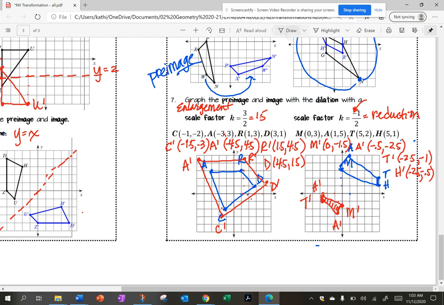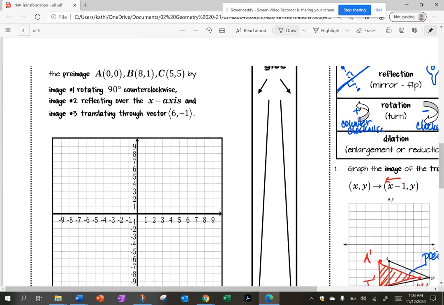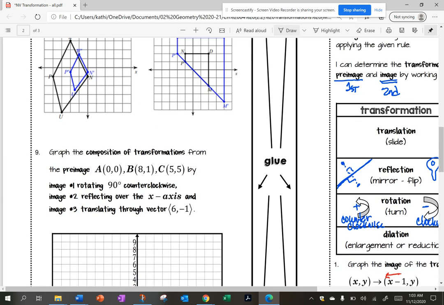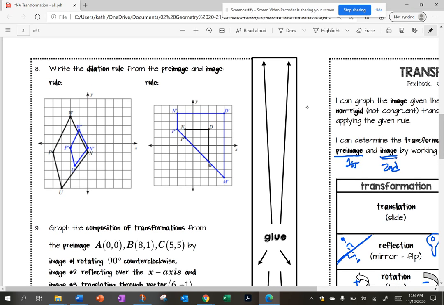Okay, let's find the rule. Let's write the dilation rule from the pre-image and the image. So this is where I'm going to take my coordinates.